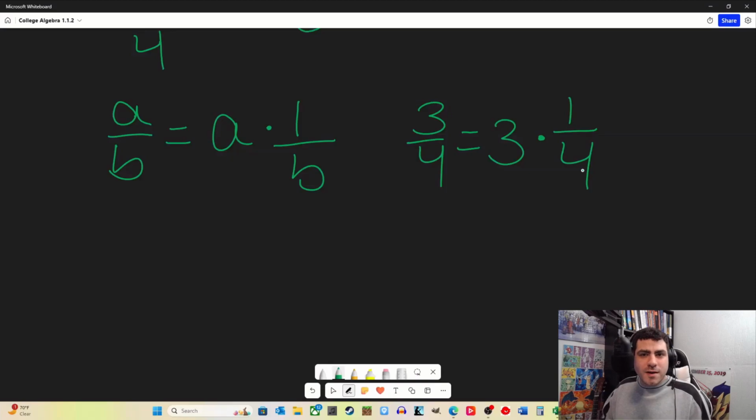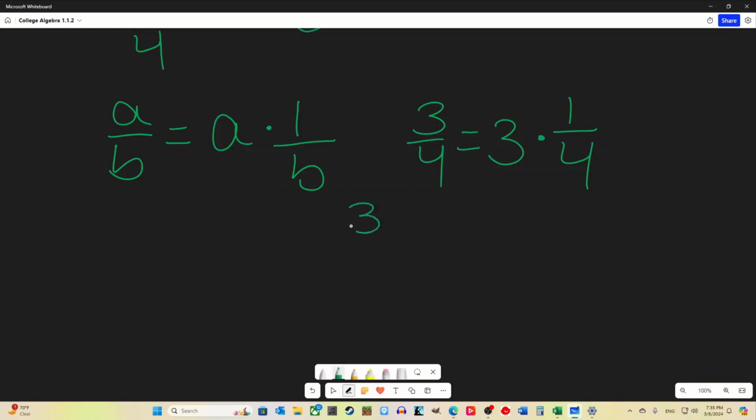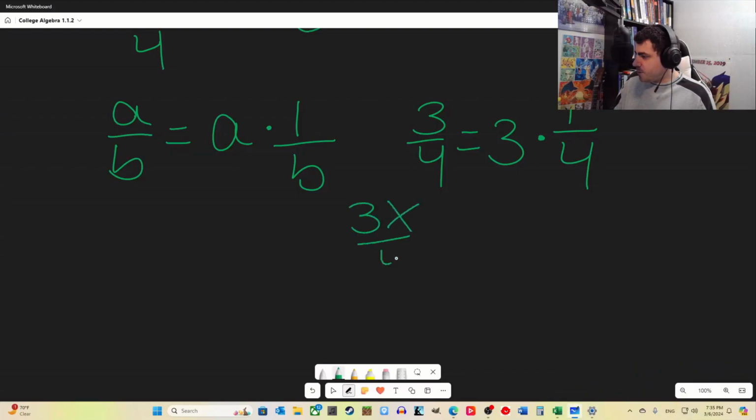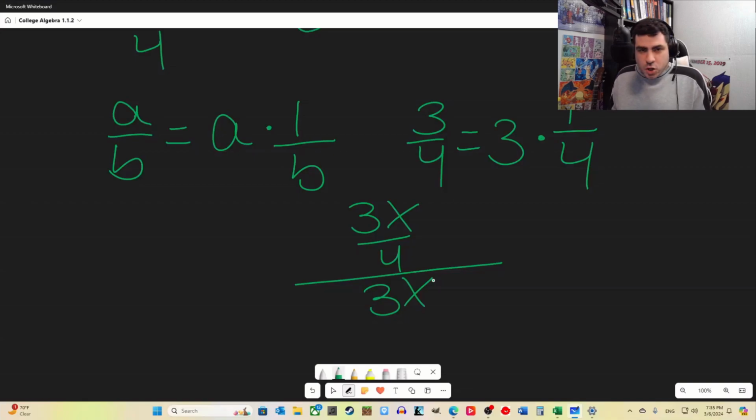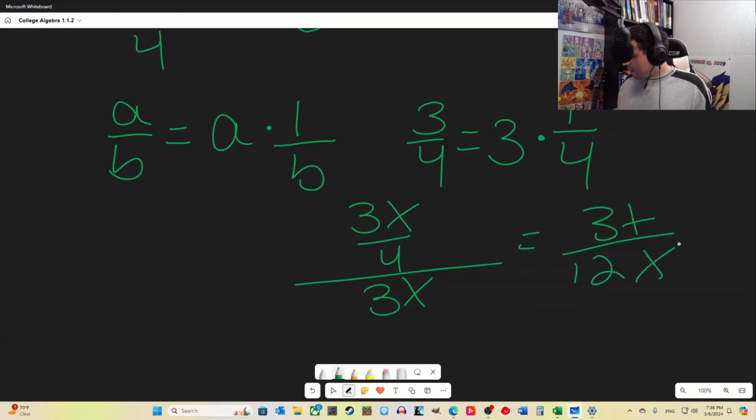For example, say we have some type of crazy looking equation like 3x divided by 4 divided by 3x. What is this? You wouldn't know what to do with this if you didn't think about this part right here. But check this out. I could just show you this is equal to 3x divided by 12x, and then we can factor everything out. This ends up being 1 over 4.